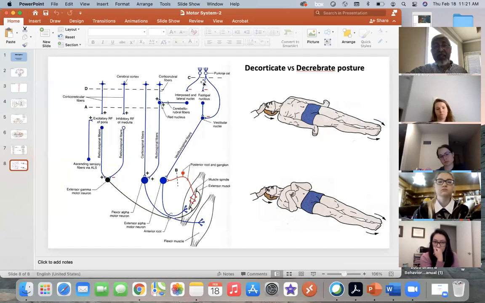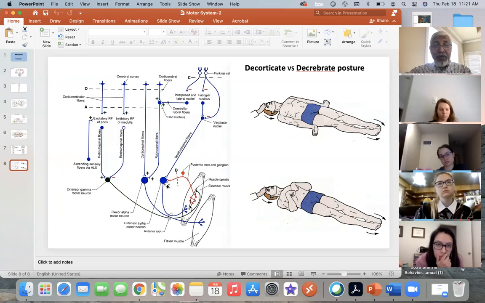Now, if you do a C, C is cerebellum actually. With the cerebellum, you see the cerebellar nuclei have an inhibitory effect on the vestibulospinal. Now, if you damage C, then cutting this one, okay, let me go back a little bit. If you see this neuron, this is the alpha motor neuron, which is the final pathway to the muscle. This one can be stimulated in two ways.